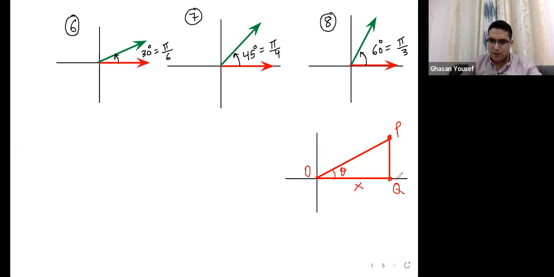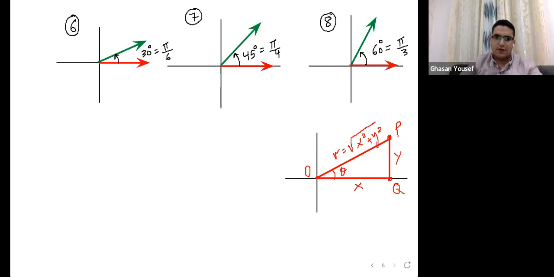From B to Q is y. And from O to B is r. And r, by using the Pythagorean theorem, equals the square root of x squared plus y squared.